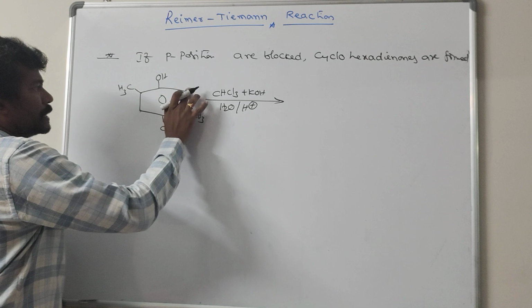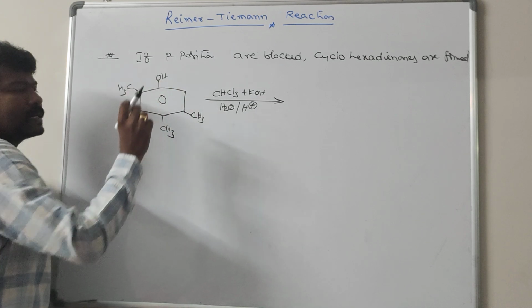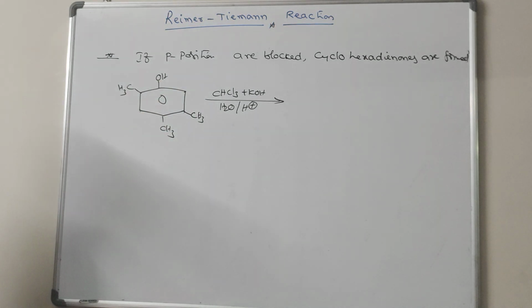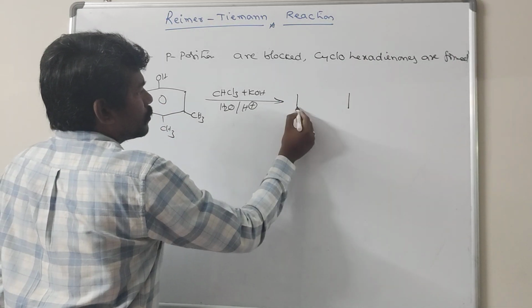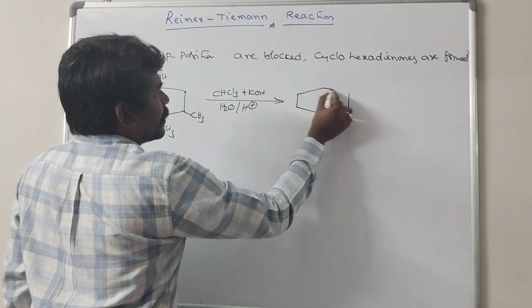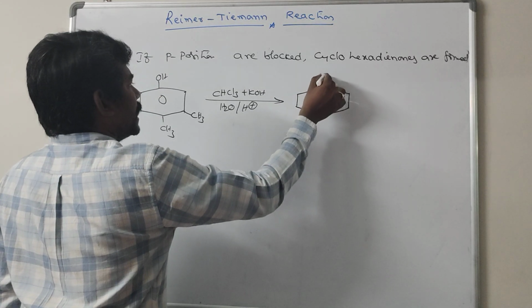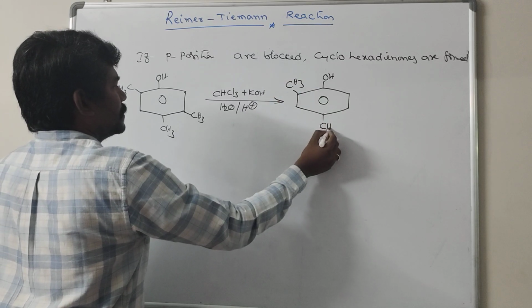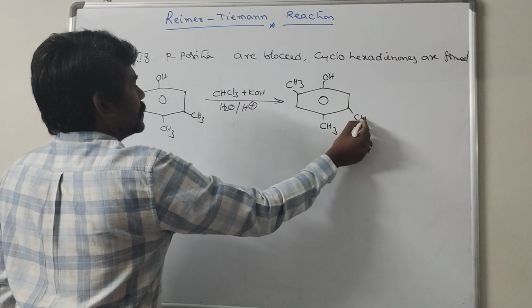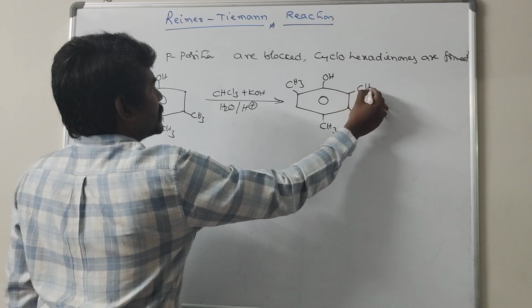The expected product is substitution of the aldehyde group at the ortho position, like this: CH3, CH3, CH3, and CHO.